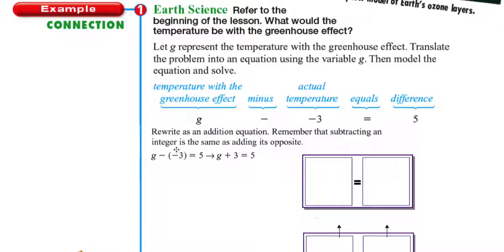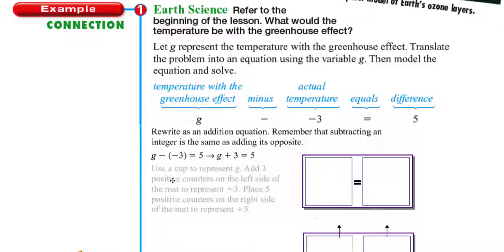Remember that subtracting an integer is the same as adding its opposite. So you're actually adding the opposite of negative 3. So G minus negative 3 equals 5 is the same as G plus 3 equals 5.